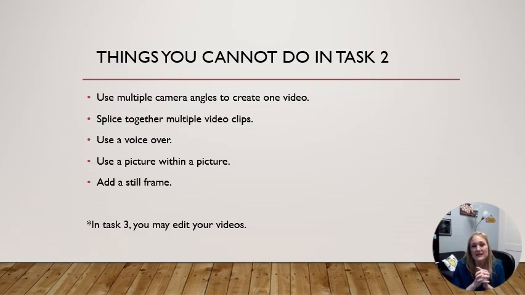What I like to think of is, if you had a clock in the background of your video for task 2, is that clock going to be continuous the whole time? It doesn't matter if that clock starts at 1 or 1:05, but once it starts, it can't jump, and it needs to be continuous.